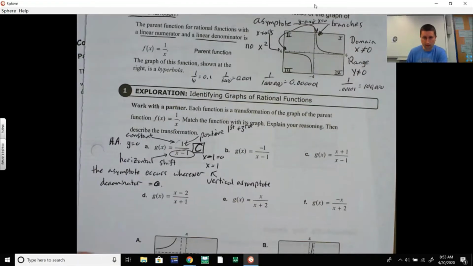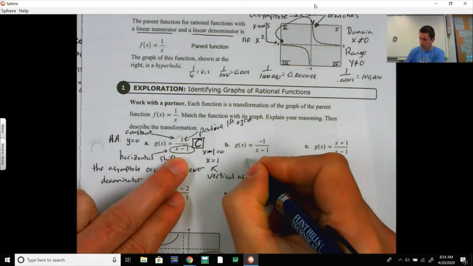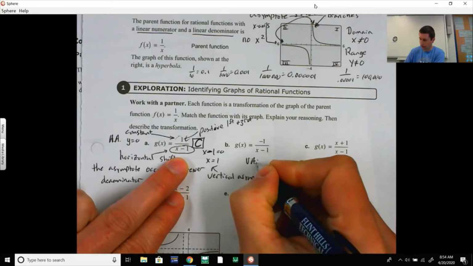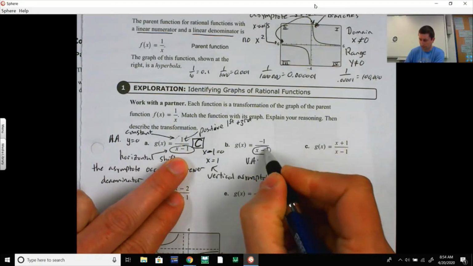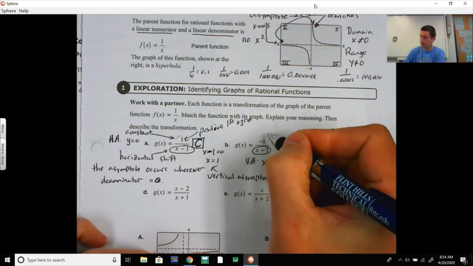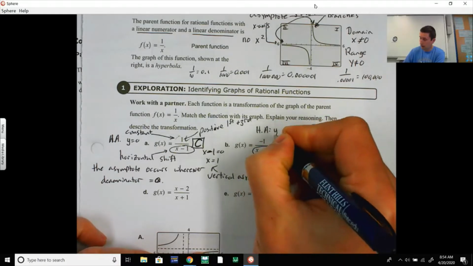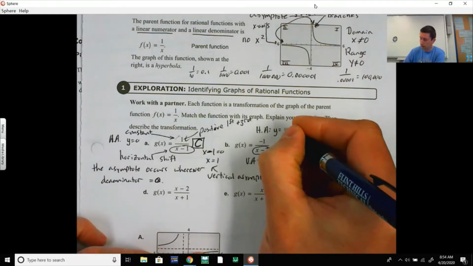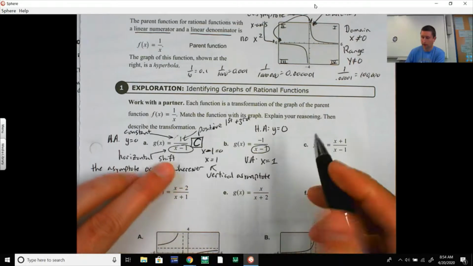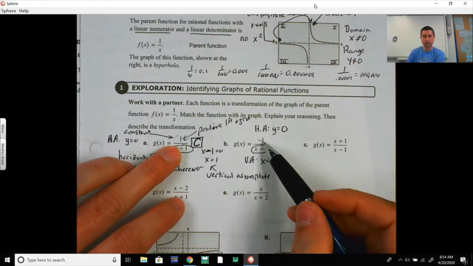So what's different when we go to B? We still have a vertical asymptote that comes from the bottom at x equals 1. The top is a constant, so we have a horizontal asymptote at y equals 0. You notice this looks exactly like equation A, except now we have a negative number in front.